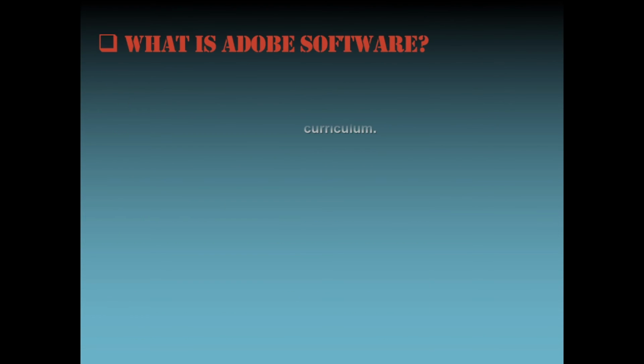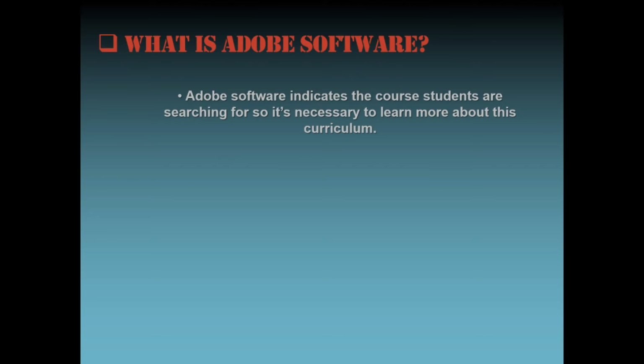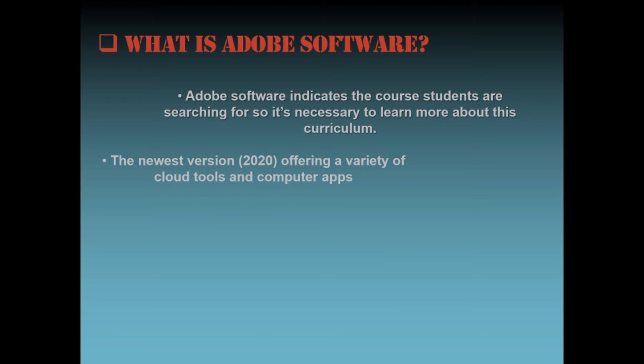The next one is Adobe software. Now we'll look at the Adobe software. Adobe software indicates the course students are searching for, and it's necessary to learn more about the curriculum. Adobe Creative Cloud is the newest version, that is 2020, offering a variety of cloud tools and computer apps that enable consumers to pay to use customized programs, set specifically for graphic design, web design and creation, photo production and video editing.